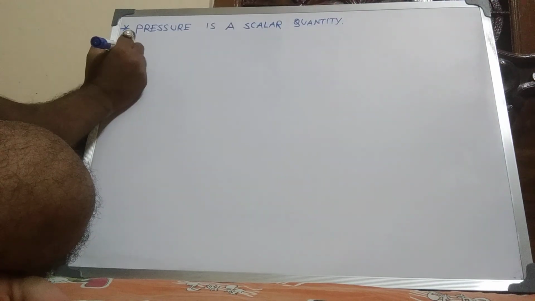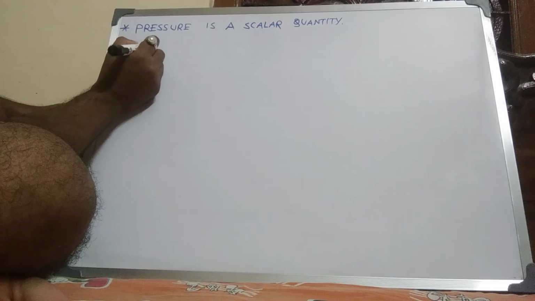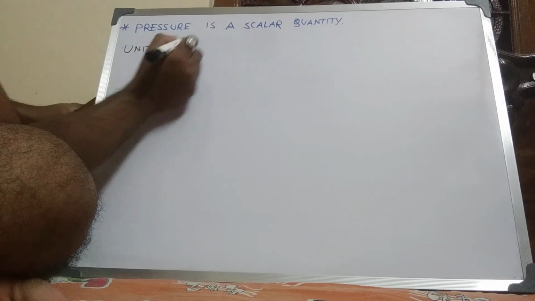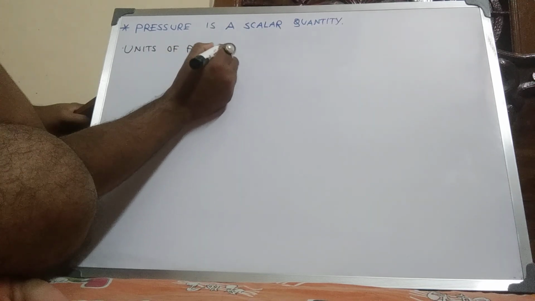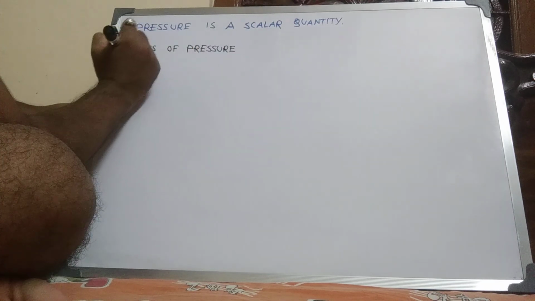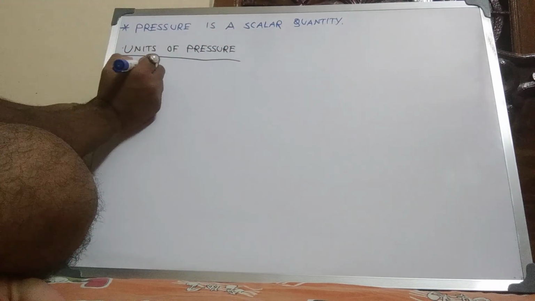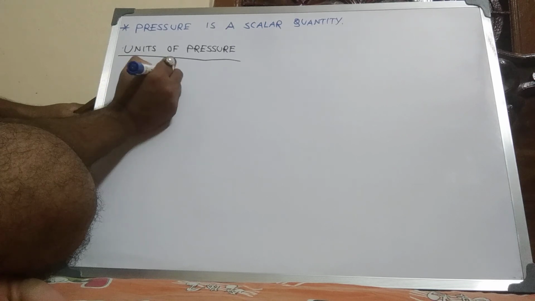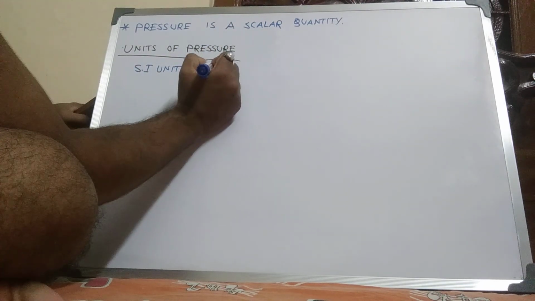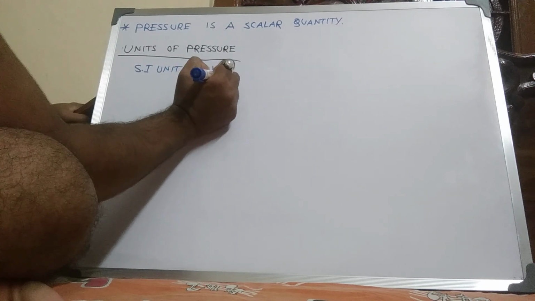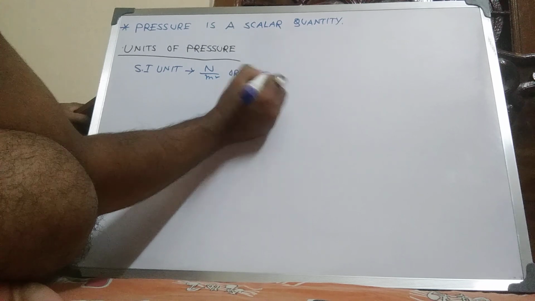Now units of pressure. First of all, the SI unit is force by area, Newton per meter square or Pascal.